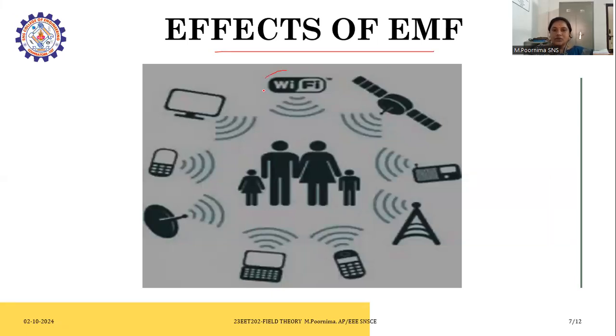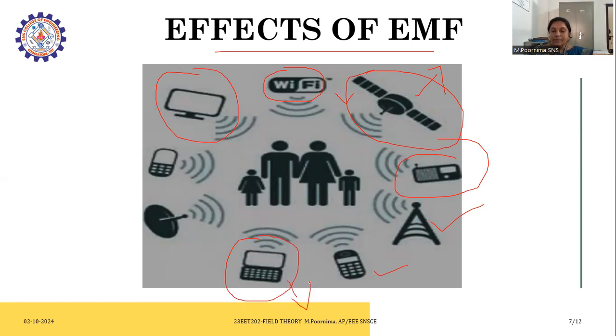We know that by using Wi-Fi, we are using electromagnetic waves. Wi-Fi, satellites, mobile phones and towers produce waves. Systems, laptops, and whatever electronic gadgets, when the supply is on, produce both electrical and magnetic fields, and this automatically affects humans.